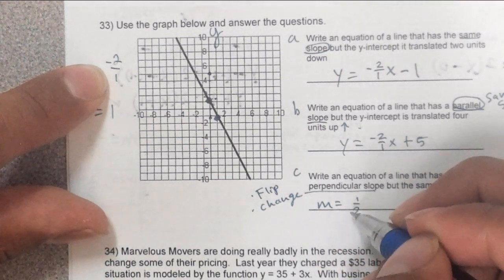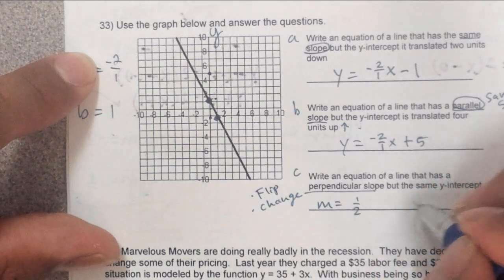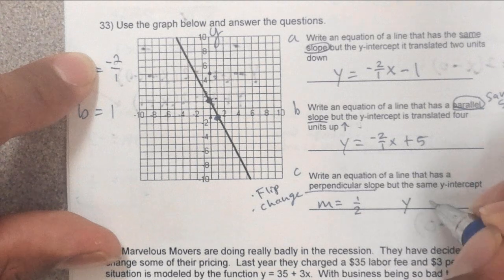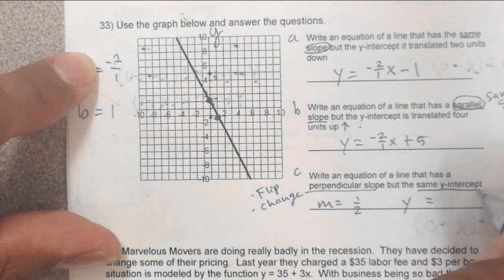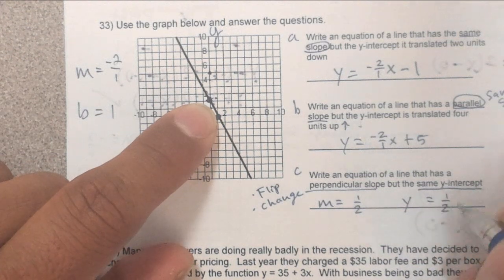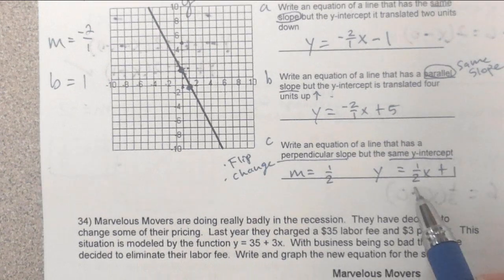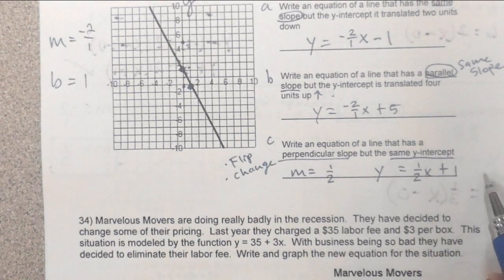We change the sign, it stays as positive now, because that one is negative. So now I have the equation y equals, oh, by the way, it's the same y-intercept, so I will skip the 1. 1/2 x plus 1. This is the perpendicular slope, and this is the same y-intercept.